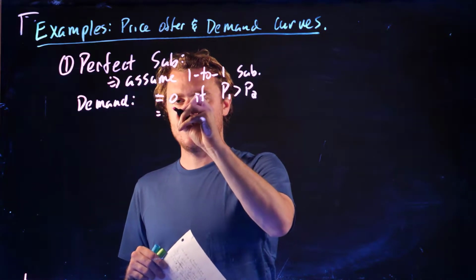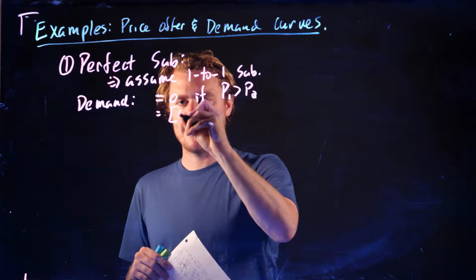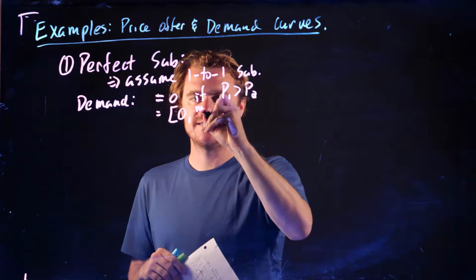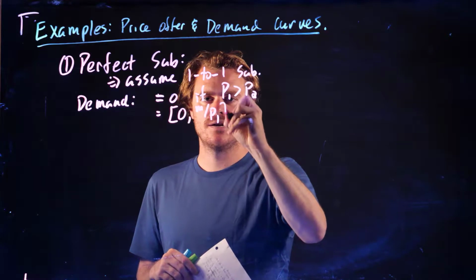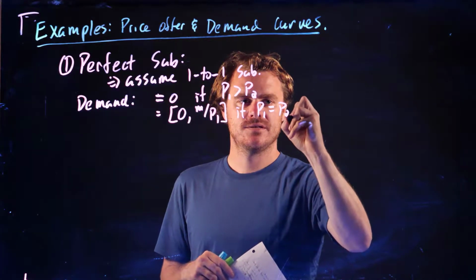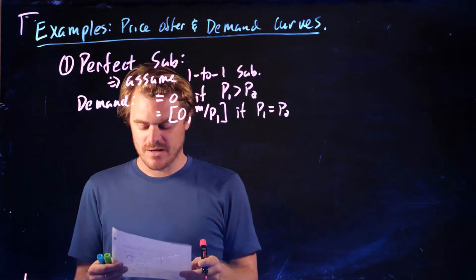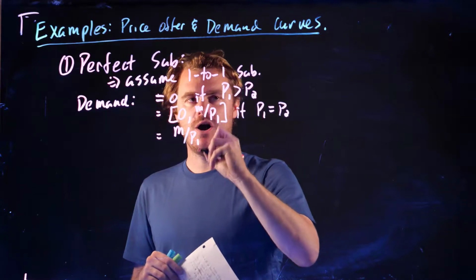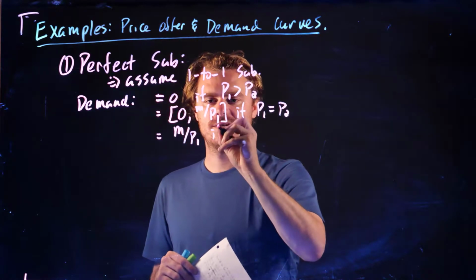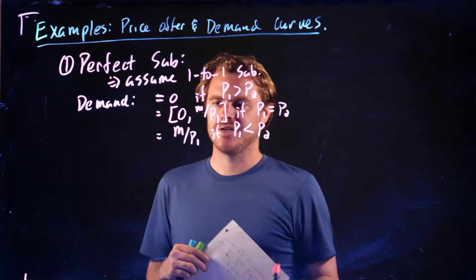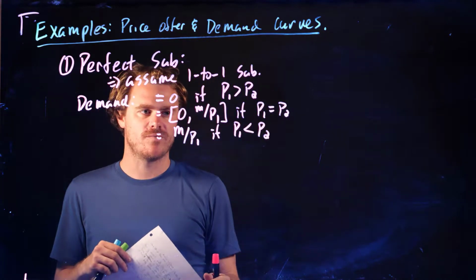If the prices are equal, we're going to have a demand between 0 and spending all of our money on this first good. So we've seen that before as well. And then finally, we'd spend all of our money on good 1 if the price of good 1 was less than the price of good 2, if we're willing to substitute them 1-for-1.